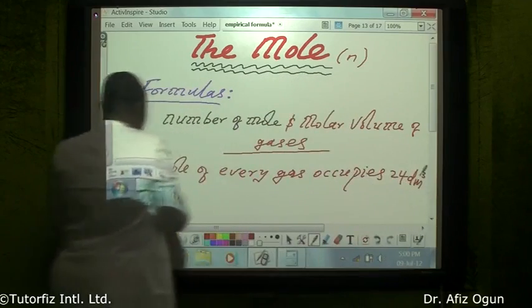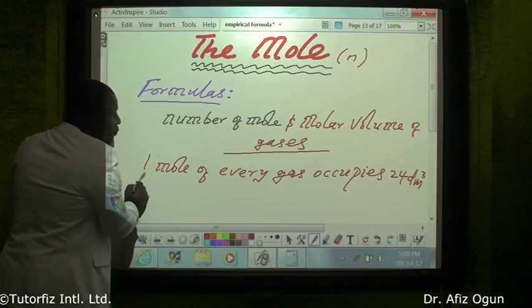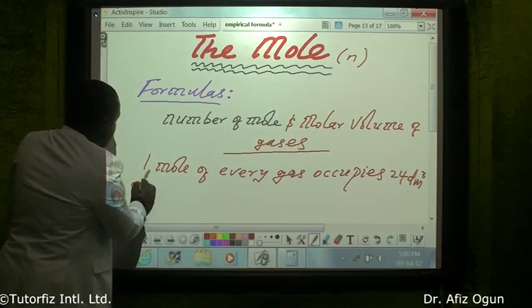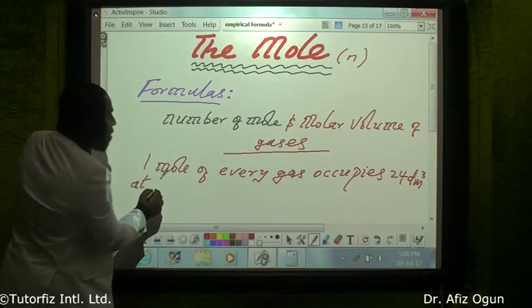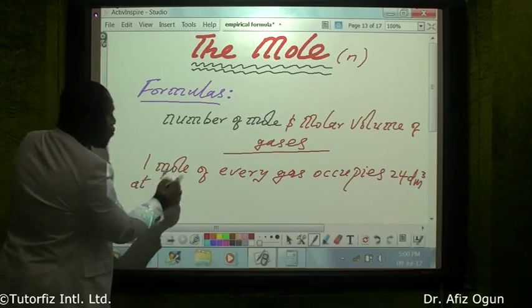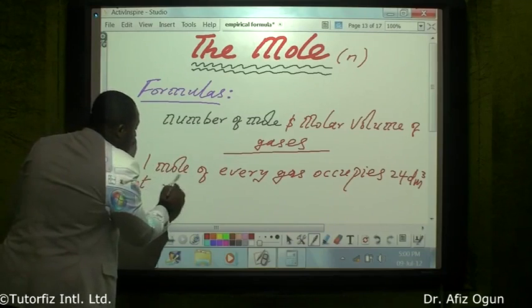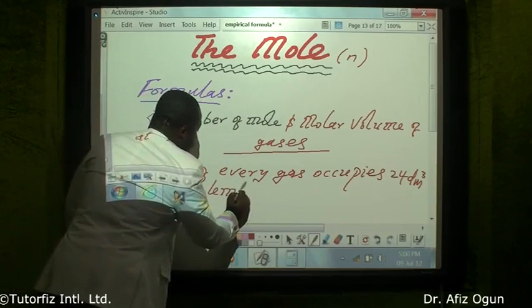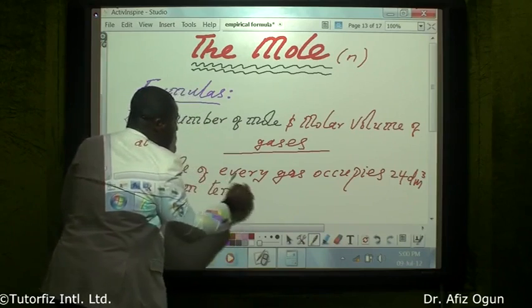So 1 mole of every gas occupies 24 dm cube at room temperature and pressure.